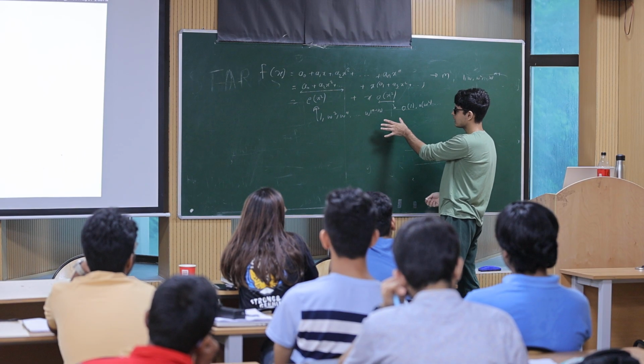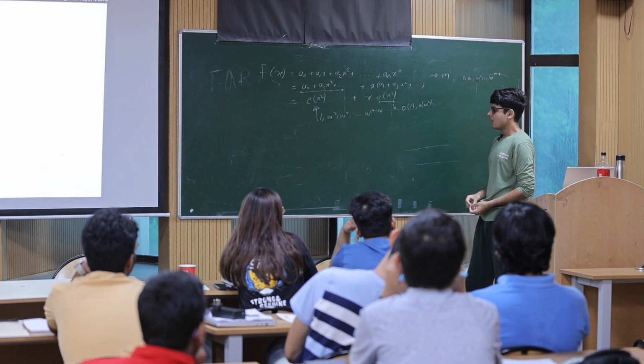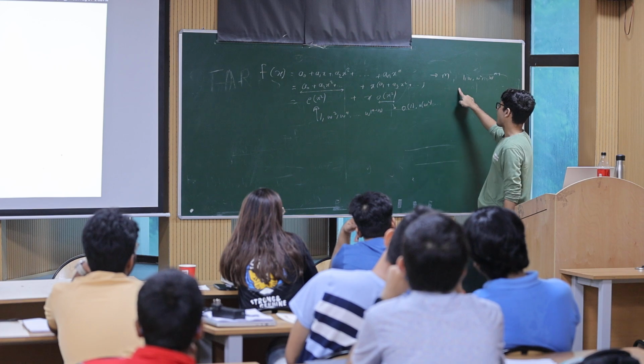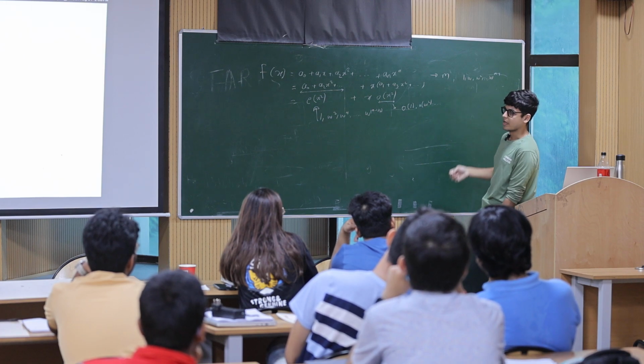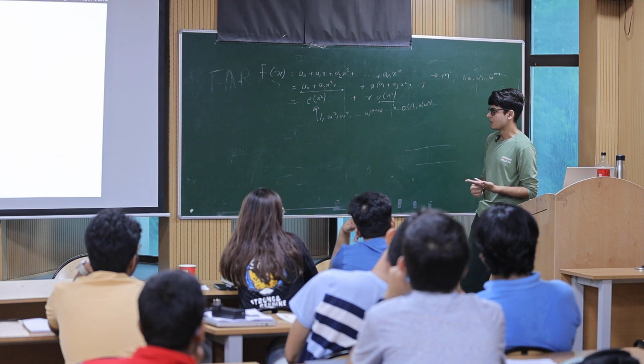If I do know these two evaluations of the even and odd polynomial, can I find out the evaluation of f of x at 1 to omega raised to m minus 1? The answer is yes.